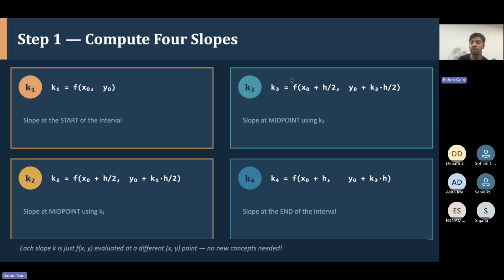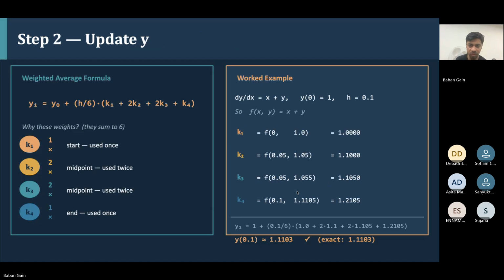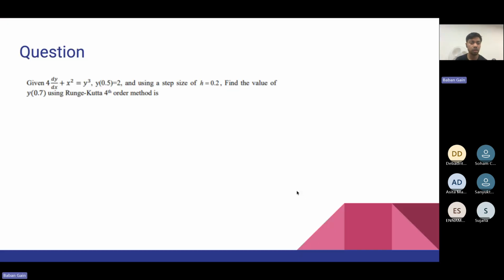Now at the same point you use K2 again and get the updated slope at the midpoint. And using the midpoint again, using K3, you attempt to get the new value of Y at point x0 plus h, which is our target. I will skip all this and go straight to the equation.